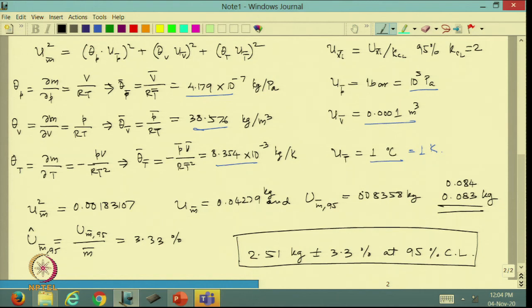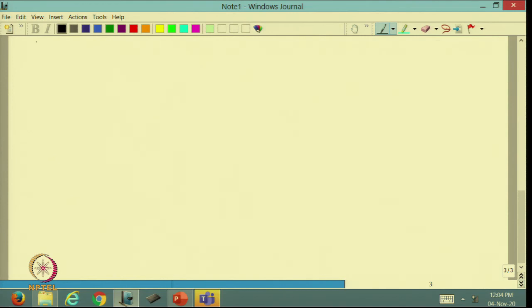Now, let us look at the other method, the shortcut method we can say. We recognize that the result is a multiplicative formula. So, if you look at m, it is P V by R T, then we write the exponents. P, V and T are the 3 parameters.